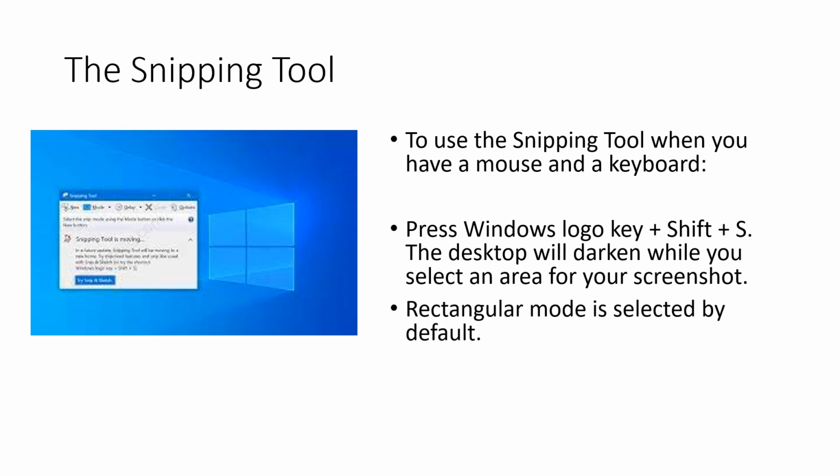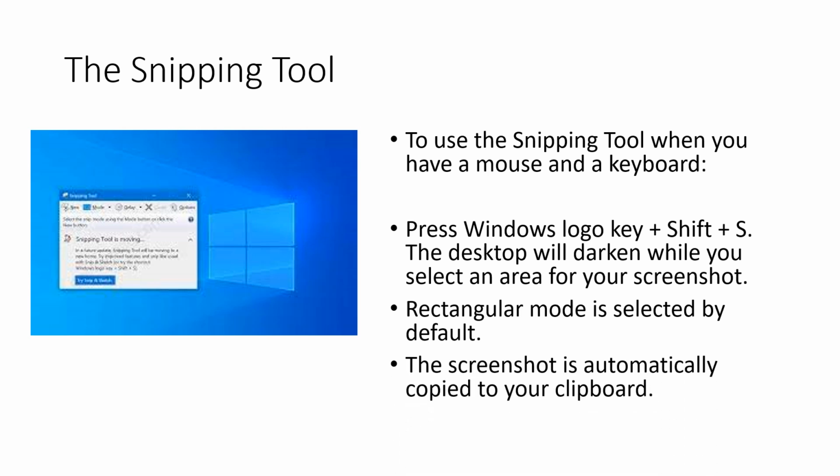If it's in the rectangular mode, which is usually there by default, it'll just take a rectangular picture of whatever size you drag out. And then you can cut it into a Word document or save it to a directory for later use. I use this all the time when I'm building reports or when I'm building these classes that I put online. Snipping tool, absolutely great tool that, if you're going to be doing graphics or stuff like that, you might want to learn how to use.